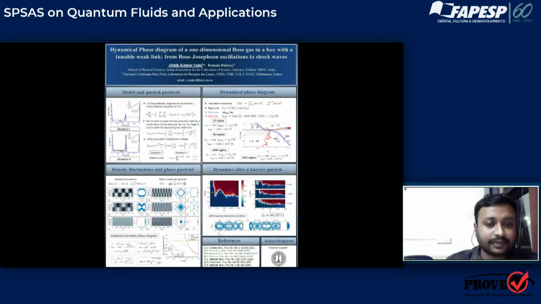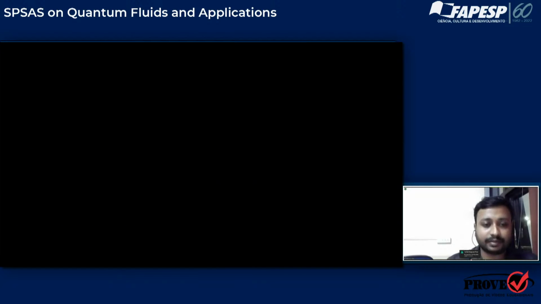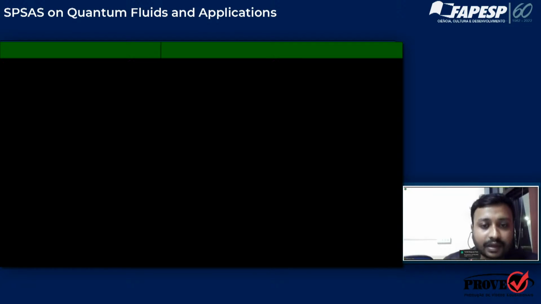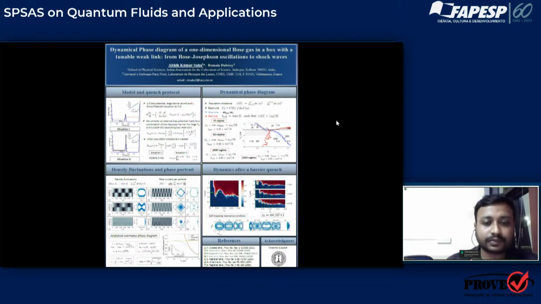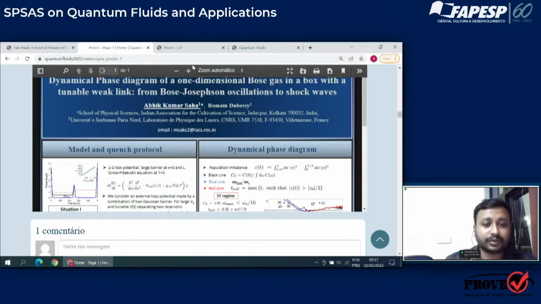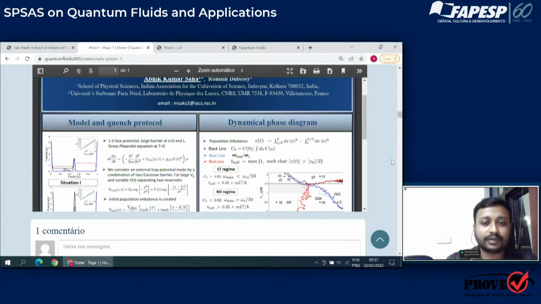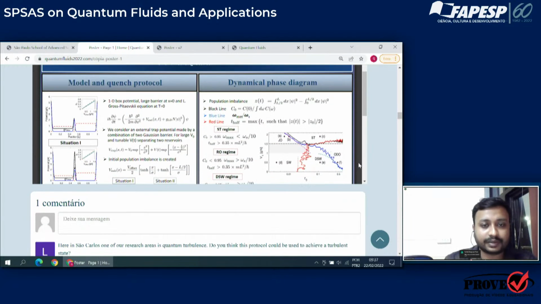The density fluctuations are shown in the third panel of my poster, along with the phase portrait. In the final panel we have verified the phase diagram when the barrier is time dependent. Then we have a different kind of phenomenon, which is self-trapping resonance.